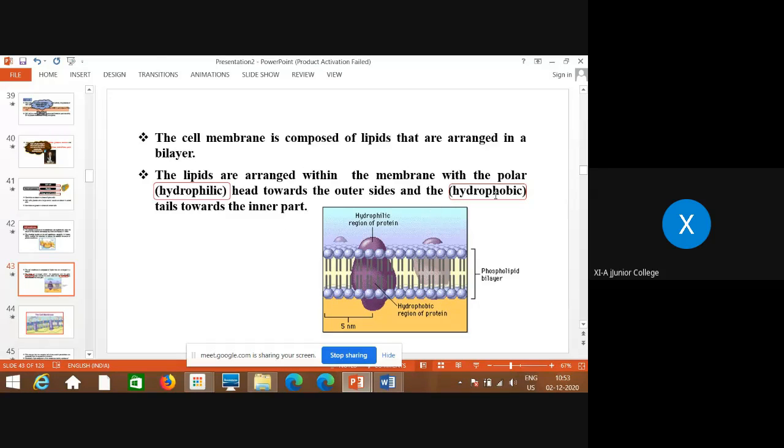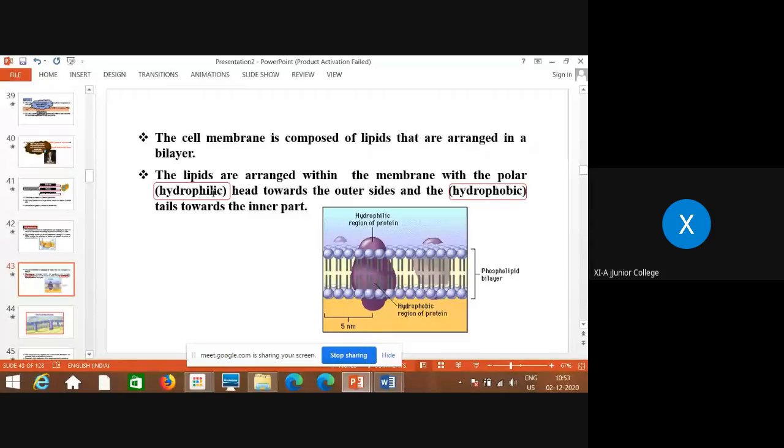Now, why I have made this red, you can understand. Hydrophobic, phobic means having fear, or they hate. Hydro is generally related to water, so they do not have affinity with water, whereas philic means affinity with water.